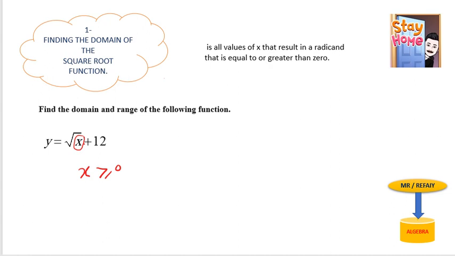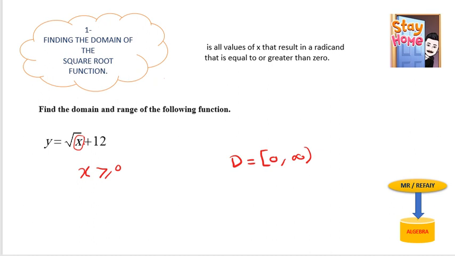Yes, all of the values starting from 0 and up. So this is the domain. The domain starts at 0 and includes all of the positive numbers until infinity. 0 is closed, positive infinity is open.